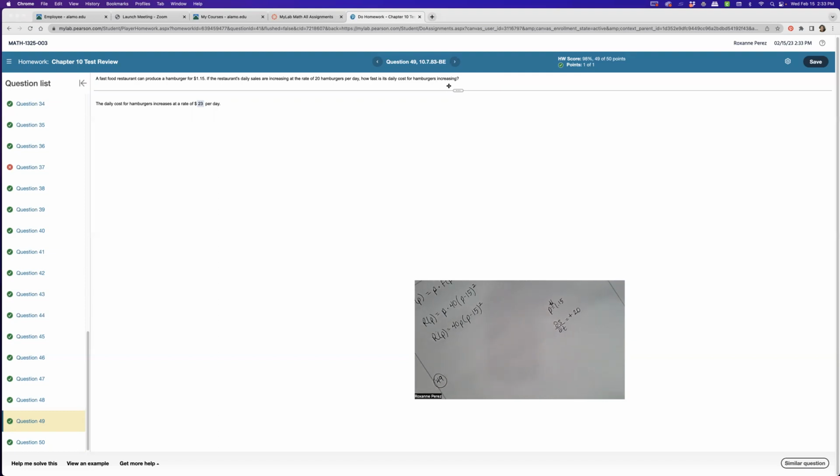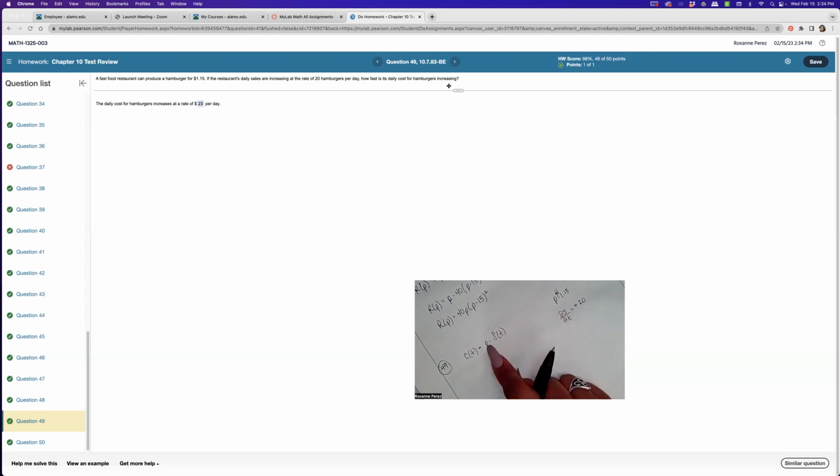Okay, so we've got to make our own cost function. We know our cost function is equal to P times S of T. Okay, and so now we're going to take the first derivative. Actually, wait. Price.